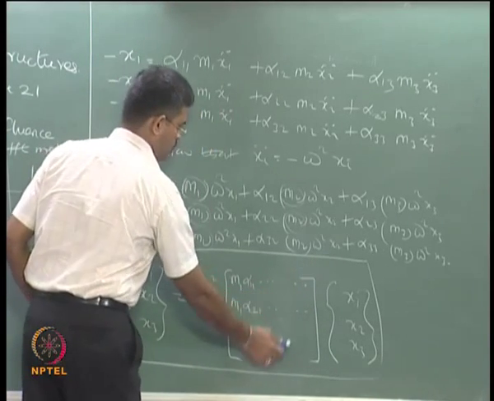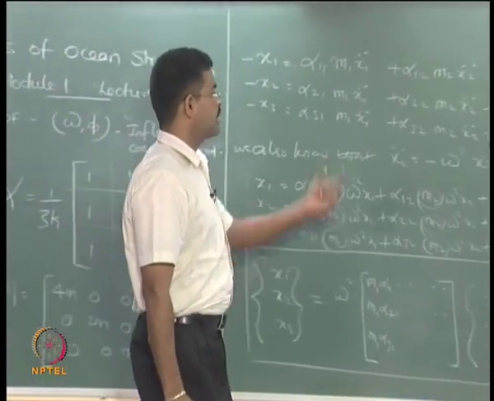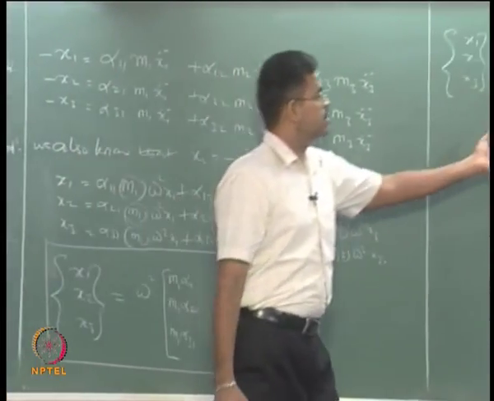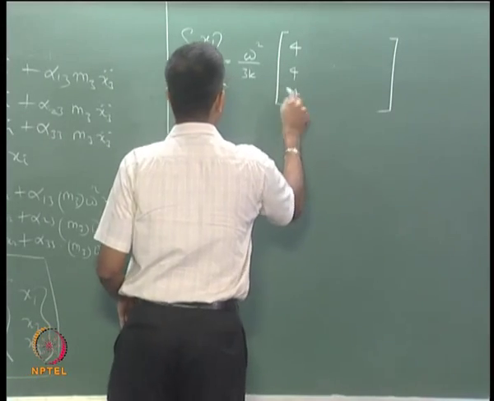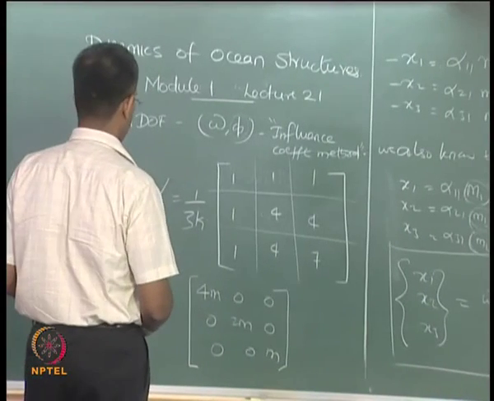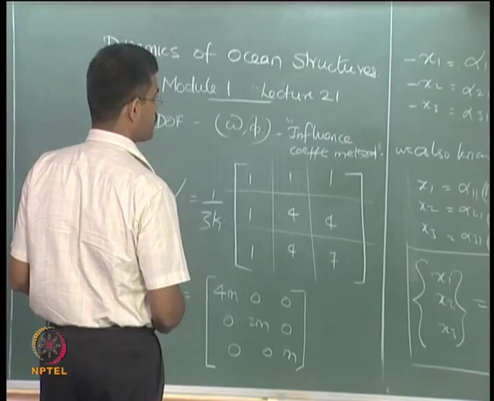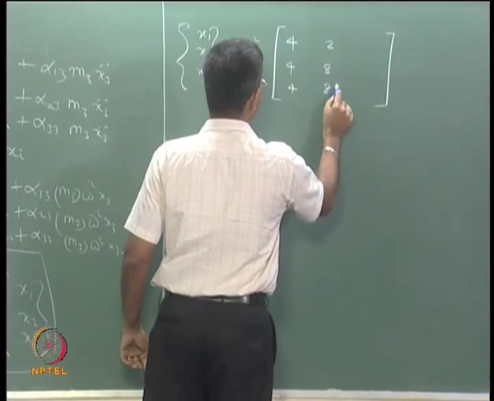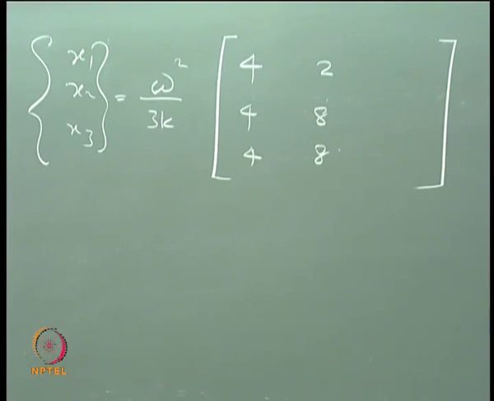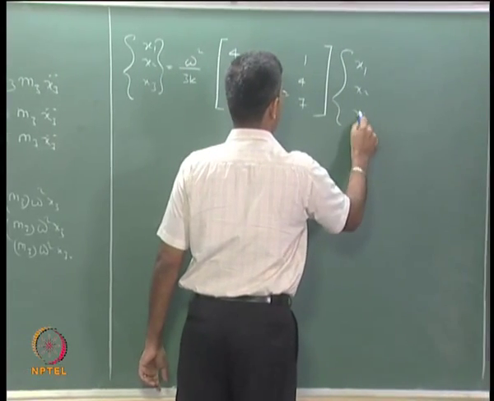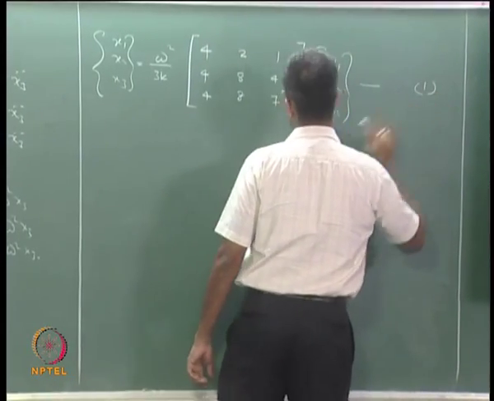All these values will be M2s, all these values will be M3s. I substitute M1, which I already know is 4, and get this matrix, with multipliers 1, 4 and 7 times x1 x2 x3. So this is my control equation 1.